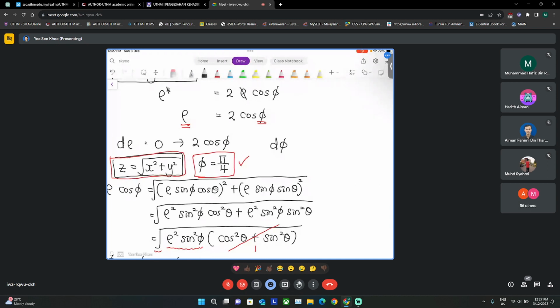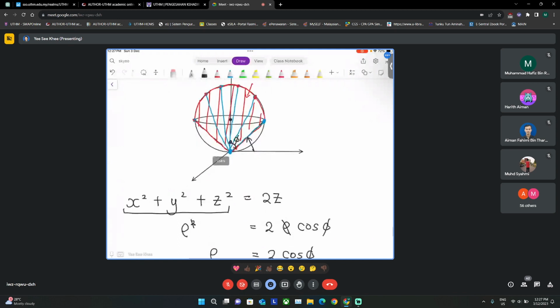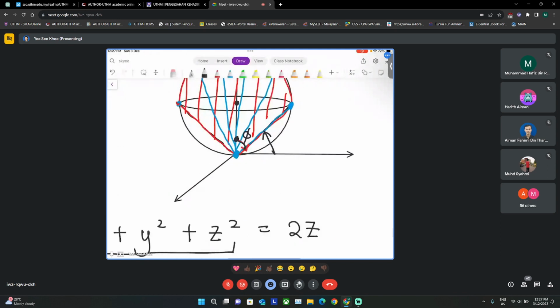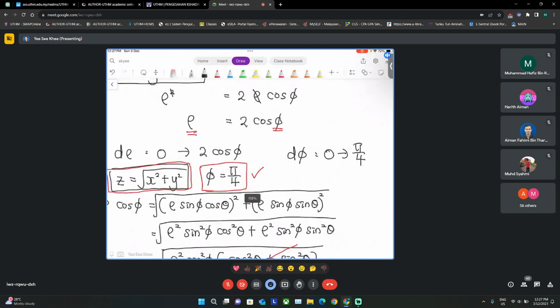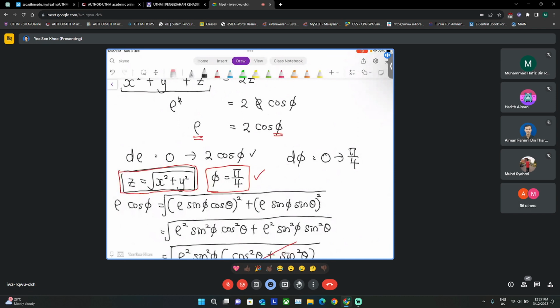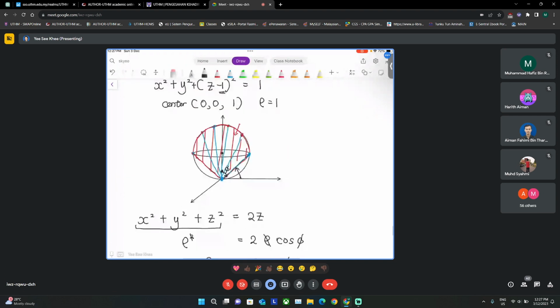Okay, our d phi will be from 0 until pi over 4. You see, 0 is here. So your cone will open like this, until pi over 4. So we have settled 2 of the intervals. Then we go to the last one, that is theta, right? Theta is when you view this structure from top.